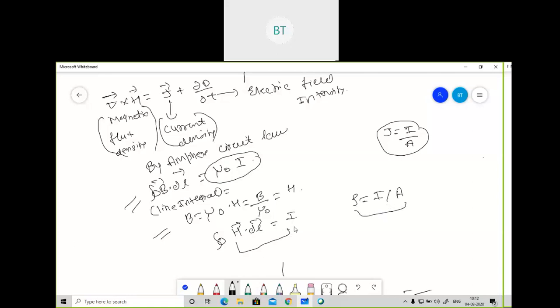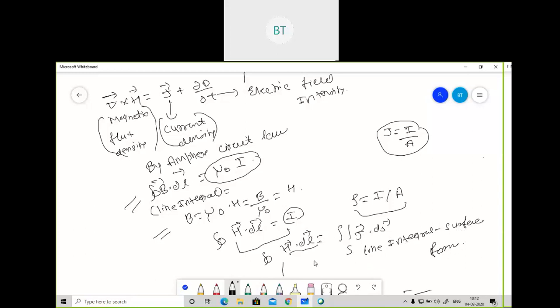If I substitute the value of I, we'll get H dot dl is equal to J dot ds. We are aware of what Stokes theorem tells: the line integral will change into the surface form. So this is our line integral.